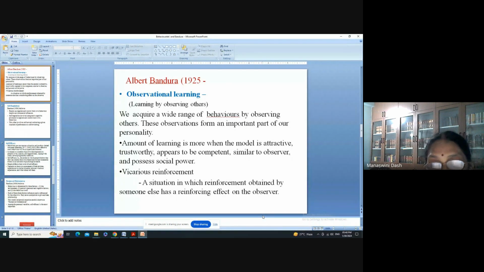We see someone else being reinforced, and we feel that we get the reinforcement. People applaud when the villain in the film is defeated and the hero gets the love of the heroine.